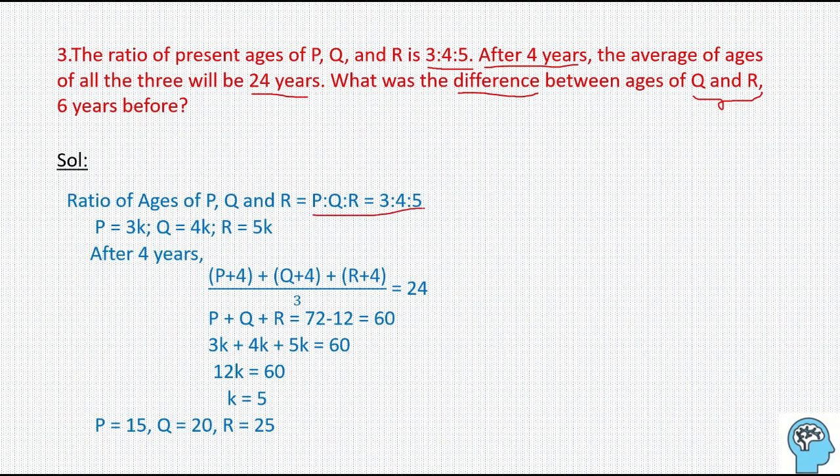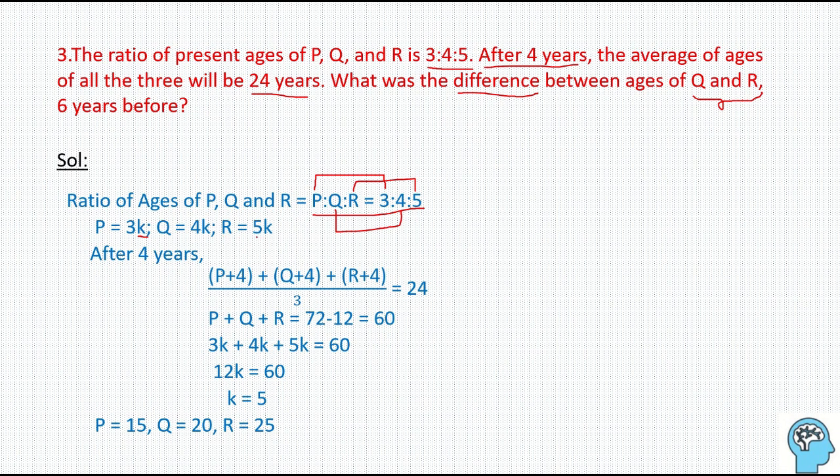Now we can take a common constant like K and write P as 3K, Q as 4K and R as 5K.